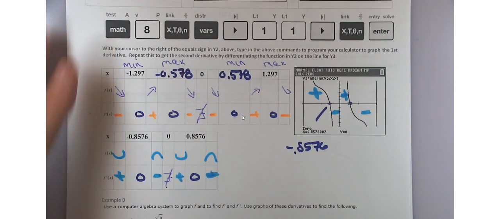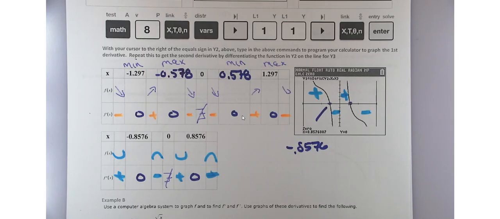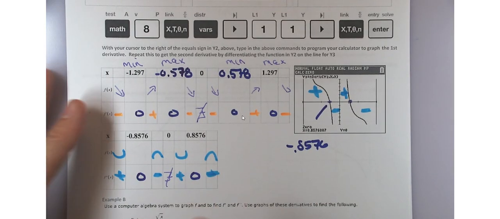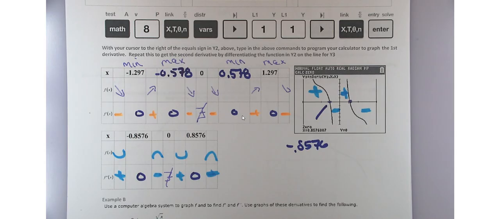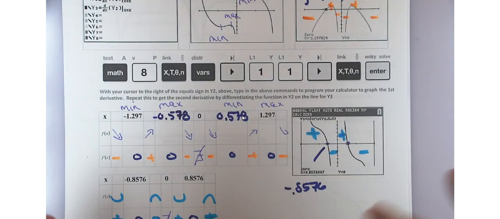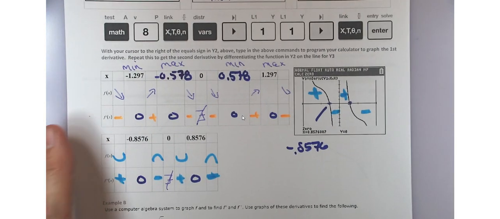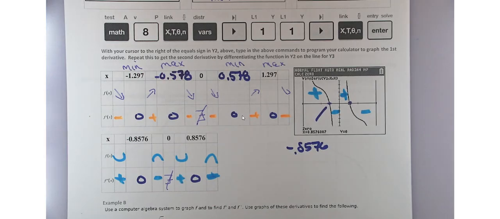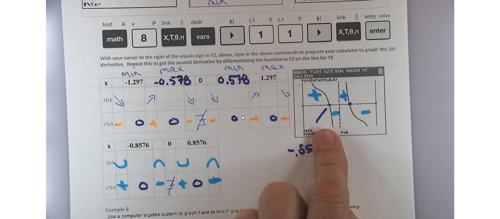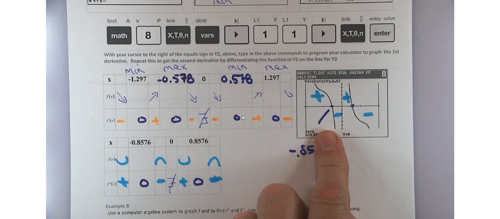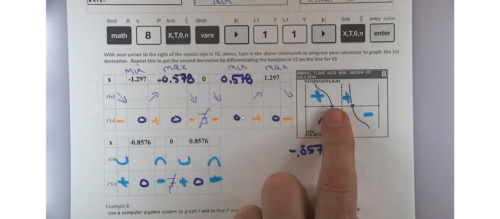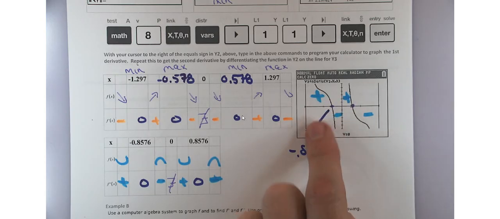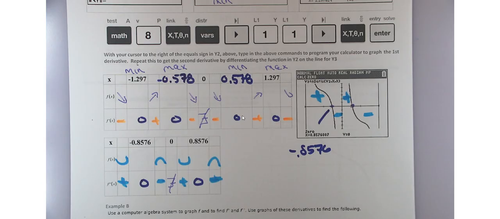And you can fill in the intervals where it's concave up and concave down now that you've got this chart all filled in. But I guess the couple things that I want to make sure you're comfortable with are graphing these derivatives without necessarily calculating them, and finding where these graphs cross the x-axis. So are you okay with both parts of those things? Those are the things that I would expect.